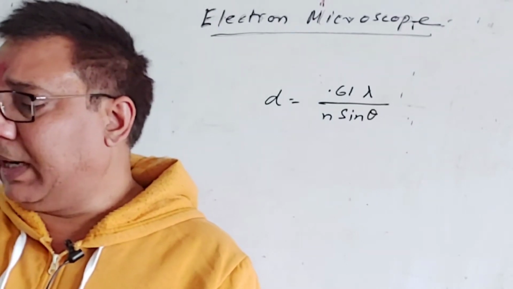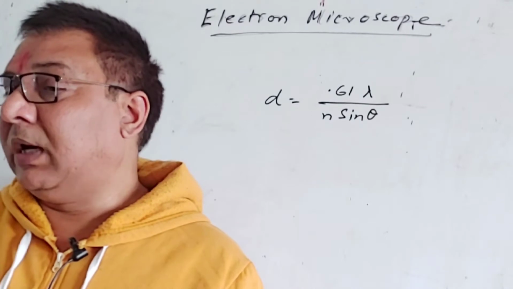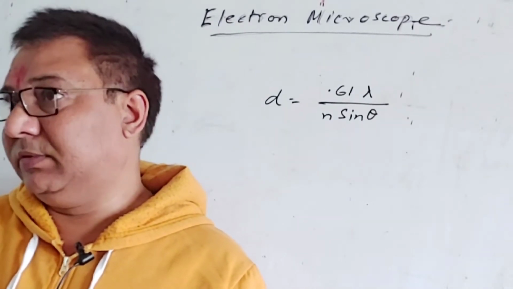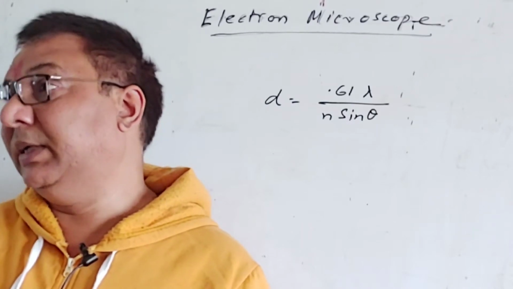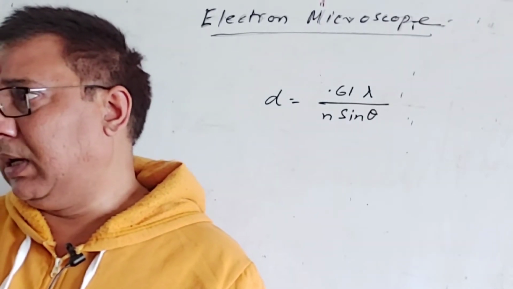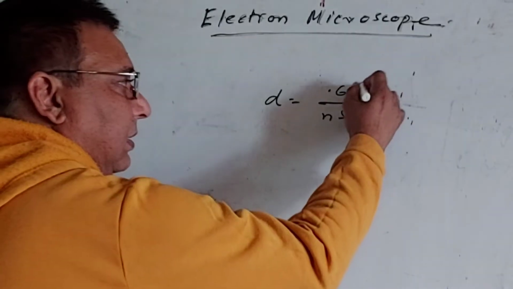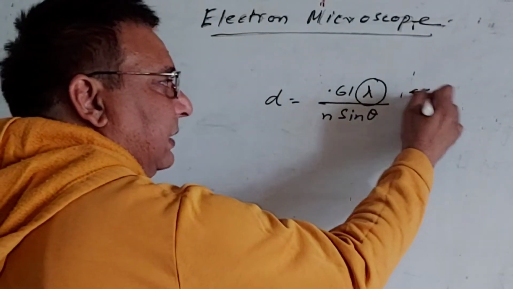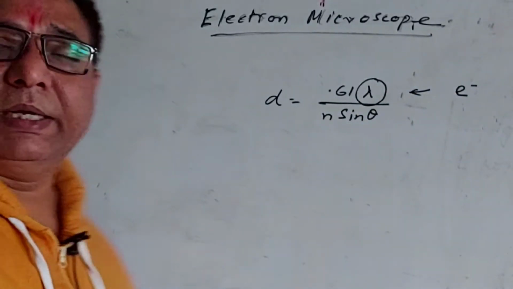So how many times it is wound is crucial, and how much current you are passing through that will influence the velocity of the electron beam passing through the object. So here the purpose was to decrease lambda. To decrease that, they used electron beams in the electron microscope.